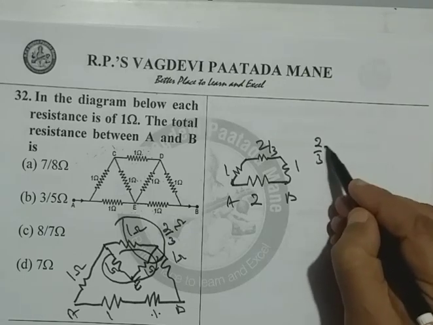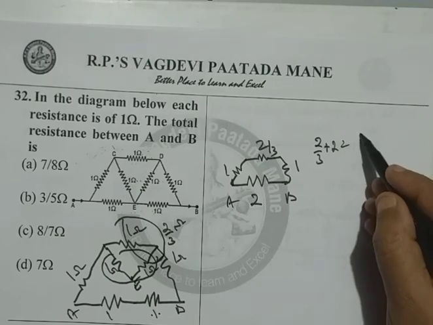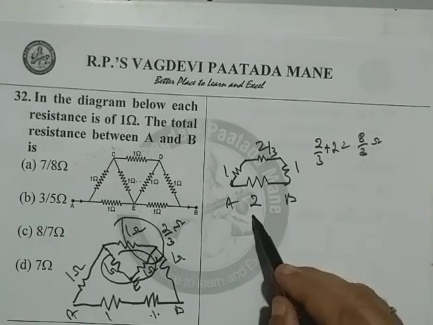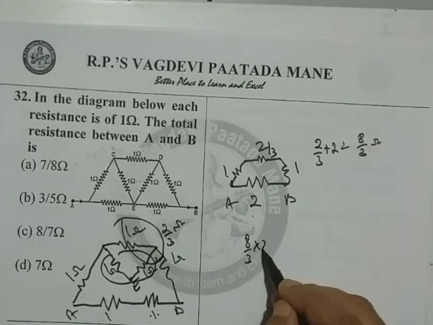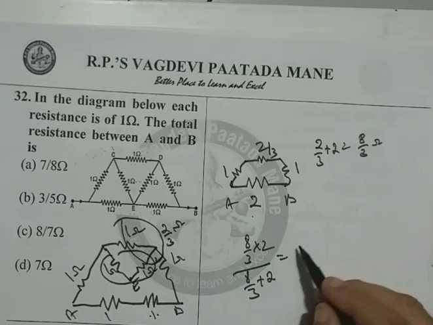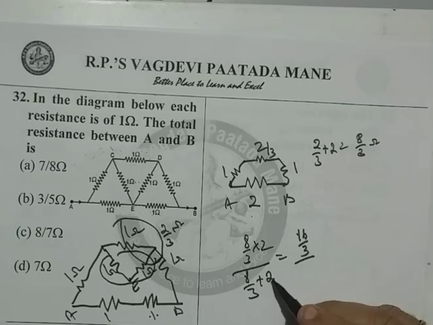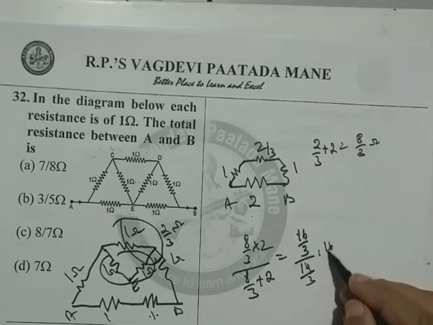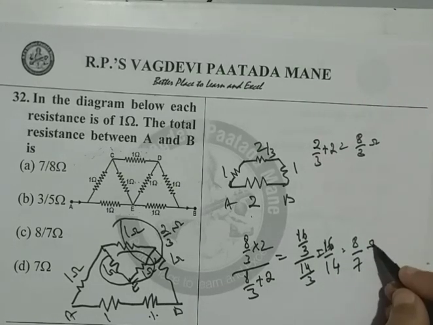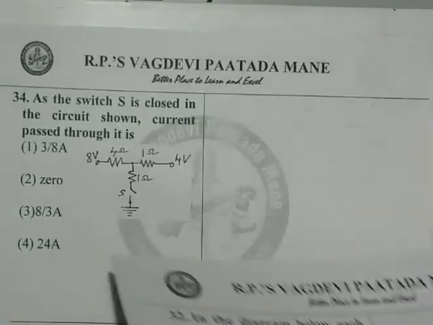Therefore 2 by 3 plus 2, 1 plus 1 is 2, that is 8 by 3 ohms in parallel. Now 8 by 3 in parallel with 2, therefore 8 by 3 into 2 by 8 by 3 plus 2 is 16 by 3 divided by 14 by 3, 16 by 14, 8 by 7 ohms. So option C is correct.